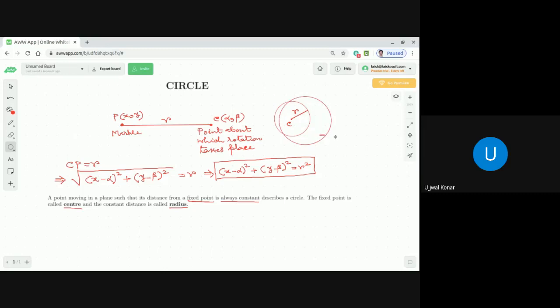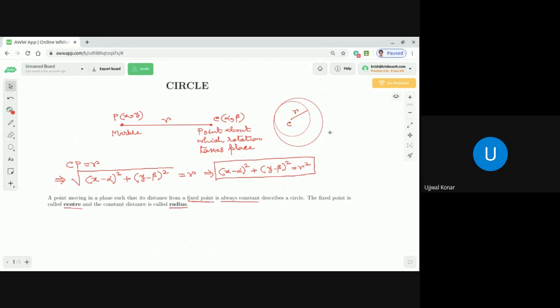just a minute. What I'm telling is that a concentric circle means with the same center. Okay, it is not a concentric circle.